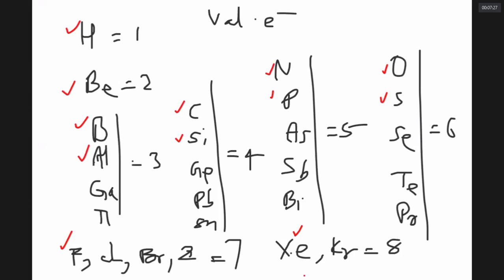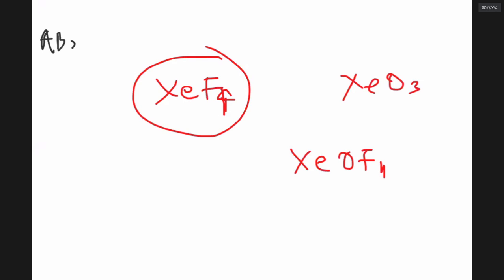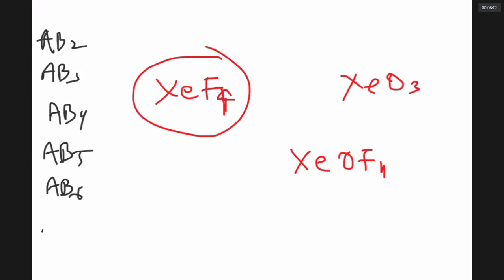Now look at, for example, XeF4, XeO3, XeOF4. Let us classify every molecule into AB2, AB3, AB4, AB5, AB6, AB7 type, where B represents bond pairs.